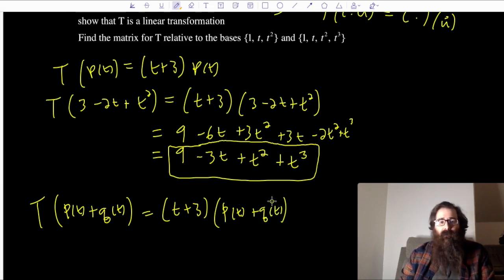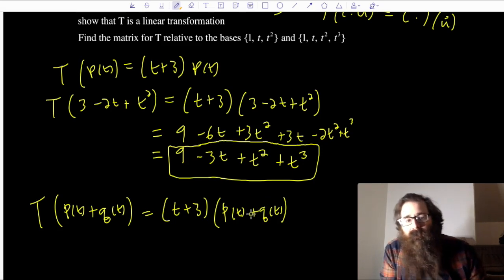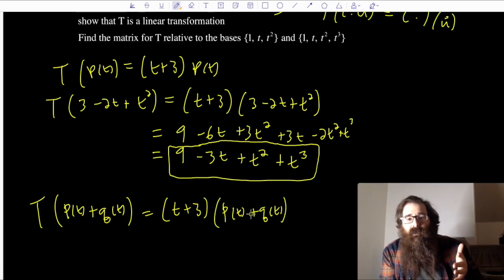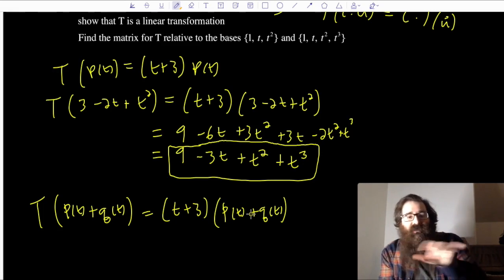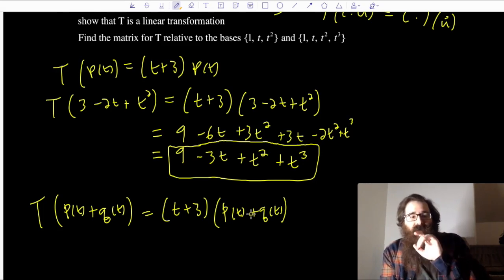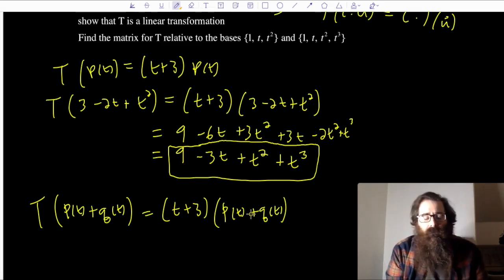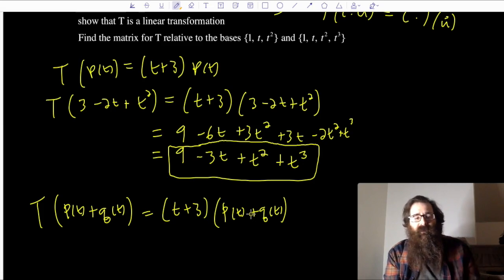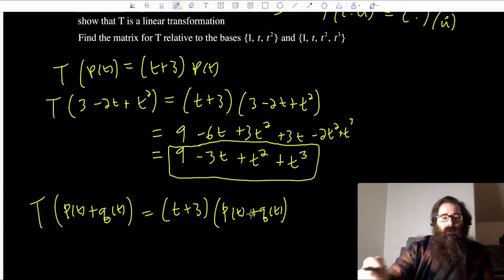When you think about adding polynomials together, you think a lot about precalculus, combining like terms and getting something that looks new. But imagine if we just put a plus sign in between them and didn't start combining like terms. That's really the key to understanding what's happening here.